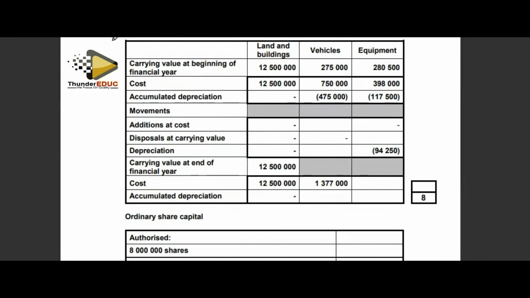Now, on the PPE note, I want to show you some things here on the note, but it's fine. We shall do this PPE in our next video. But remember, the PPE deals with non-current assets in our statement of financial position, NCA, where we have land and building, vehicles, equipment, machinery, etc.